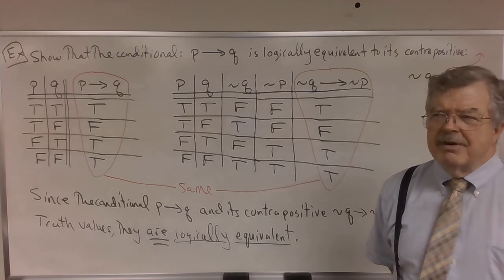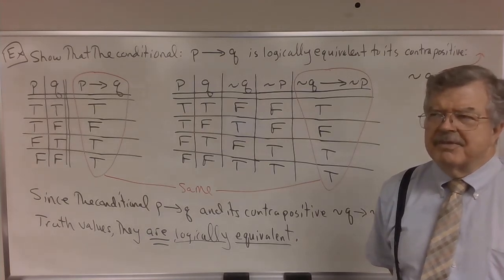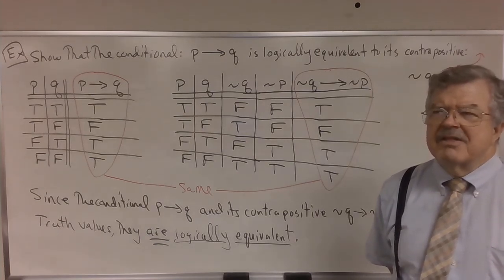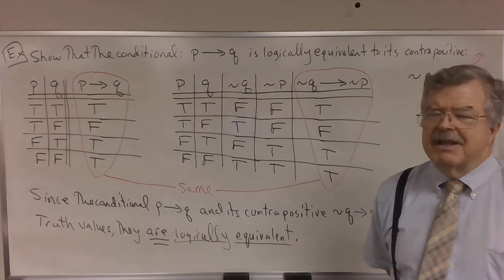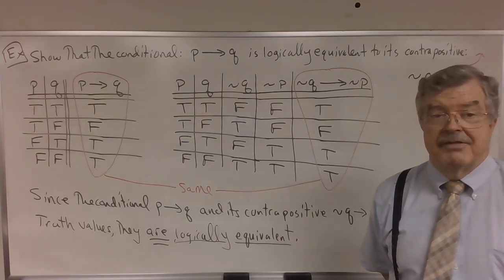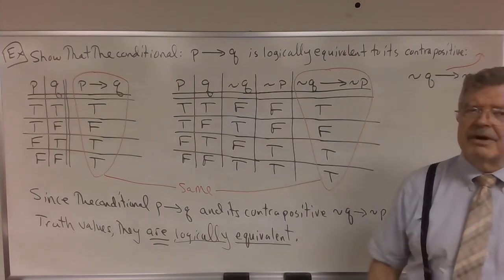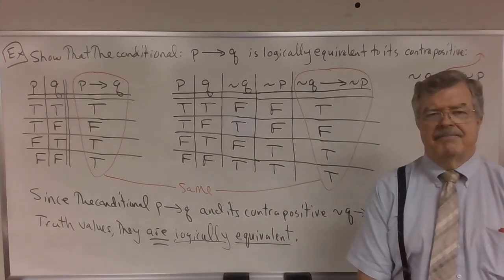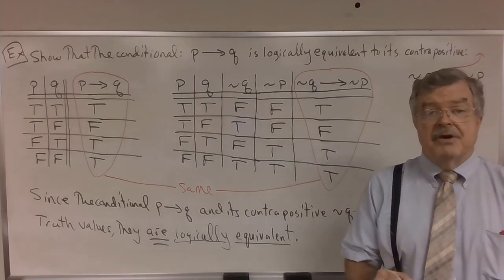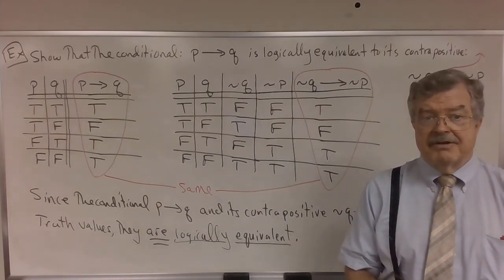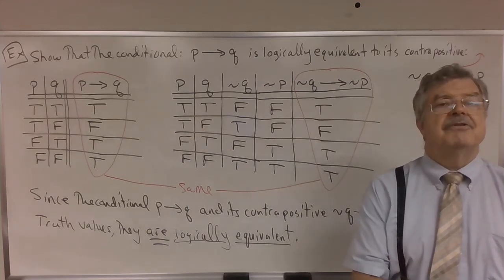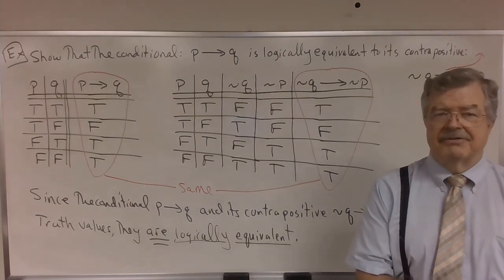So again, the importance of the contrapositive is that it may be a lot easier to work with than the original conditional statement. And if that's the case, we'll work with the contrapositive instead. And whatever we show to be true for the contrapositive is going to be true for the original conditional as well.